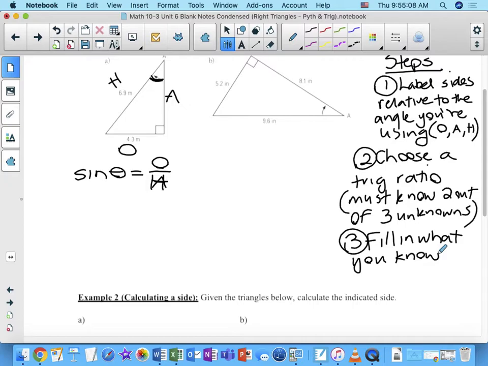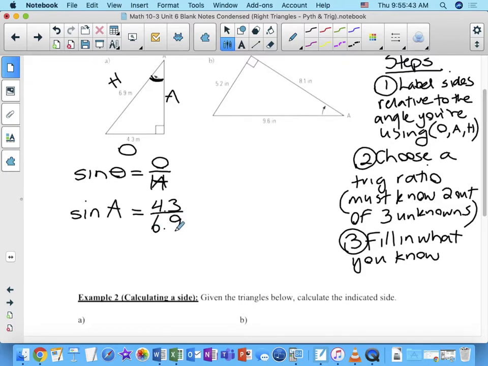Yeah, A. I don't know it, so I'm going to call it sine A. So fill in what you know. Well, that's what I don't know, so I can't really fill it in. But what I will fill it in with is whatever it's labeled as in the diagram. Equals. Do I know the opposite side? Yes. What is the opposite side? 4.3. Do I know the hypotenuse? Yes. 6.9.